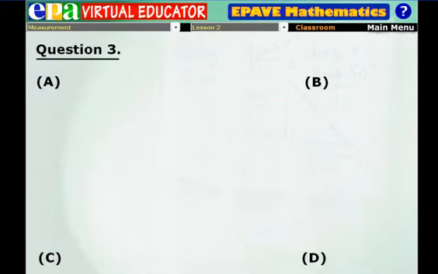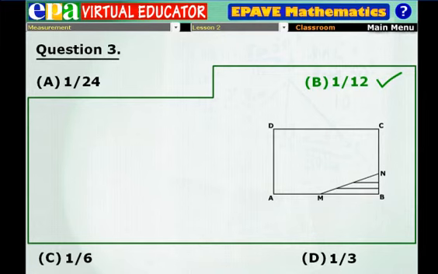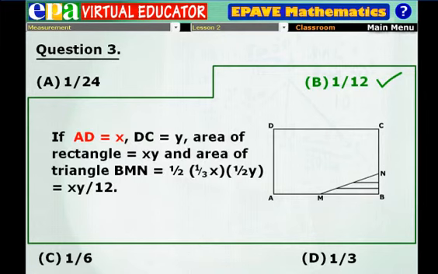The correct response to question 3 is B. If AD equals X, DC equals Y, the area of the rectangle equals XY, and the area of triangle BMN equals half times 1/3 X times half Y, which is equal to XY divided by 12.